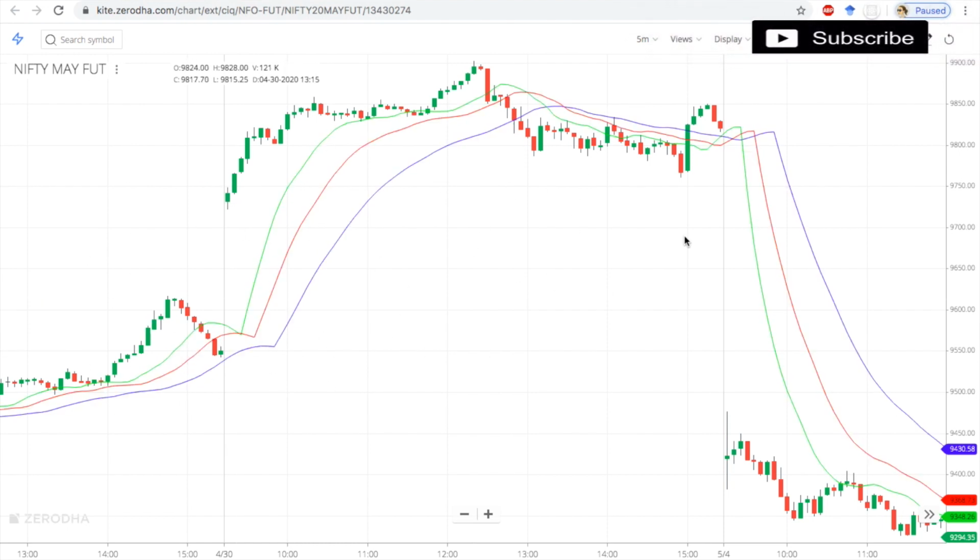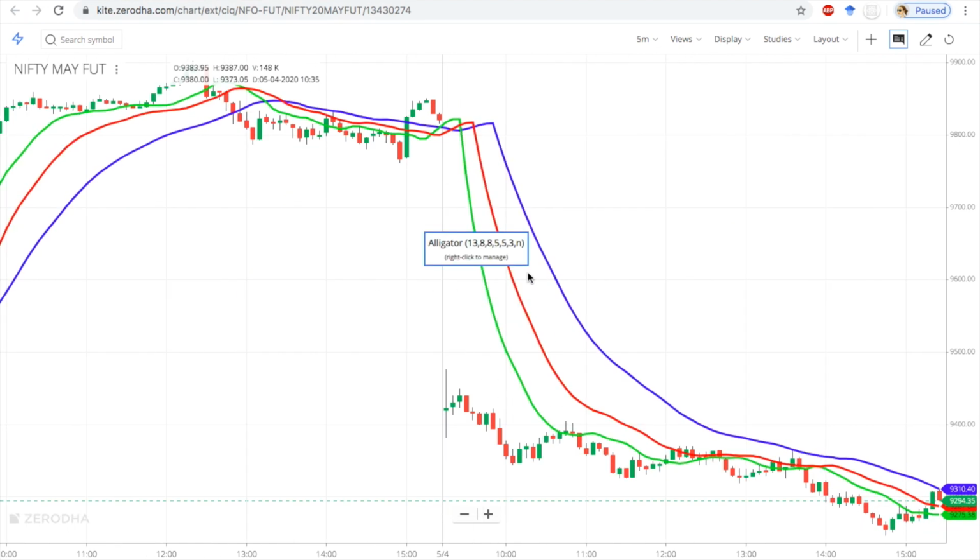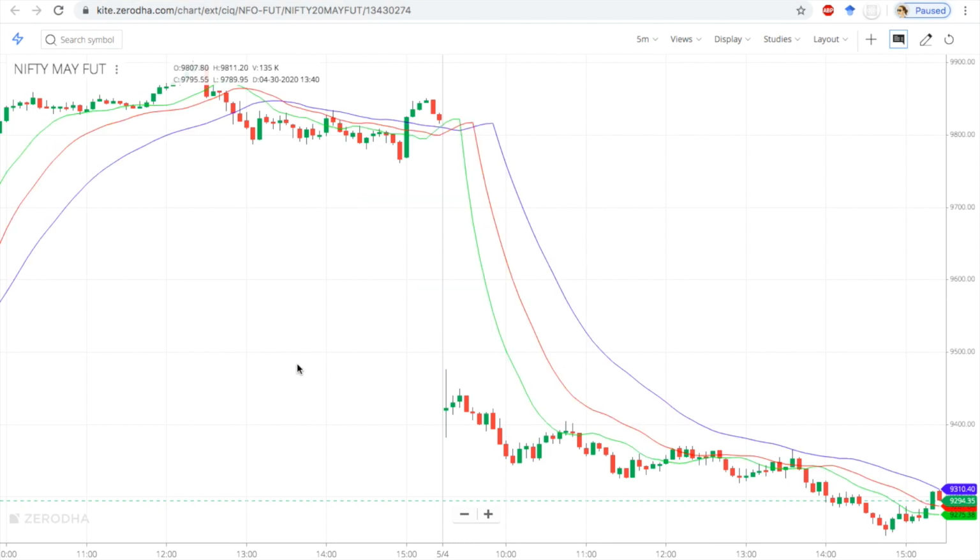So the alligator indicator is a trend following indicator and it is used to find out the trend direction in the market. When the price is above all three lines, then the market is in an uptrend. When the price is below all the alligator lines, then it is in a downtrend.